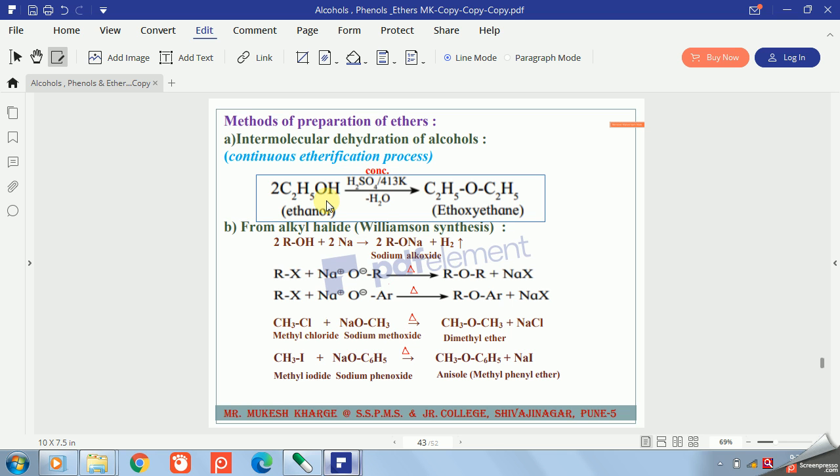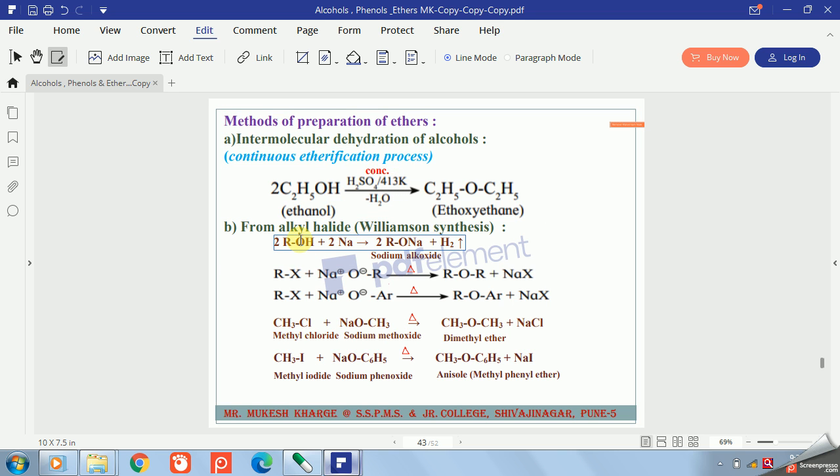Tell me this elimination product in your comment box while solving the questions related to this, and write down the product. Now the next reaction is from alkyl halides. So I'll give a hint from the previous reaction: if it is 453, we get an alkene as a product.